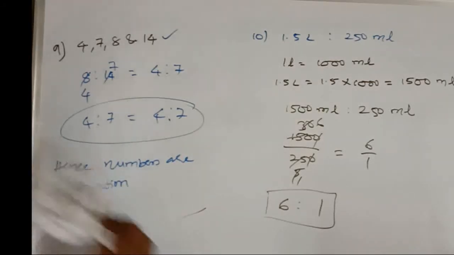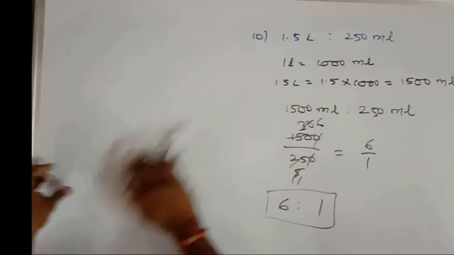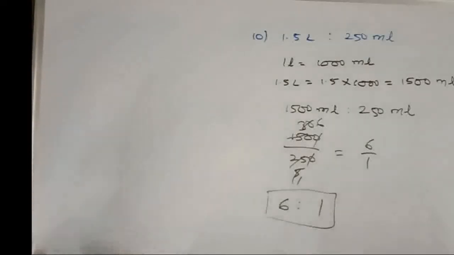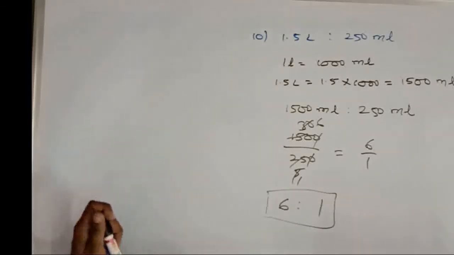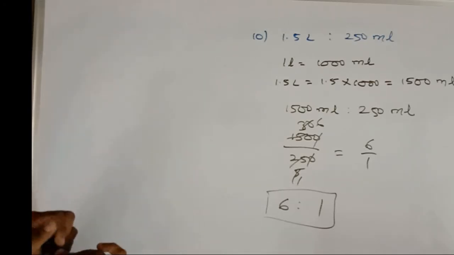The next question is the 11th question. If P and Q square are in direct proportion, if Q doubles then what does P become?